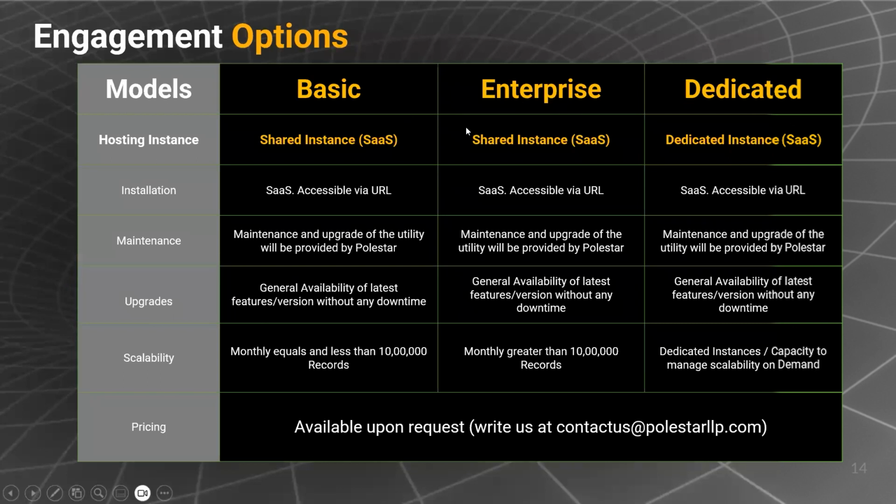Basic and enterprise shift themselves depending upon the monthly billing, so you don't have to worry about these things. It depends upon the number of records that you are pulling. If it is less than 1 million records, we charge the customers as per the basic model. And if it is more than 1 million records in a month, we charge the customers in the enterprise model.